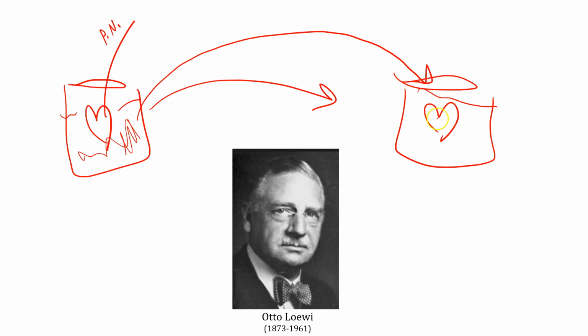Even though this heart wasn't actually connected to a parasympathetic nerve, the chemicals released by the parasympathetic nerve, the neurotransmitter acetylcholine, which we now know it to be, accumulated in this fluid, and that fluid was brought to this heart, so the acetylcholine was still in there, and it still had its same effect. So interesting tidbit there, Otto Loewi.